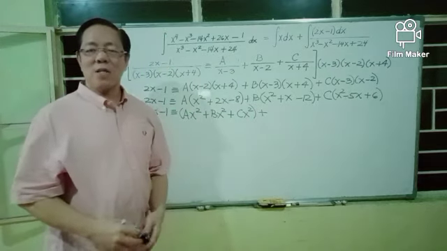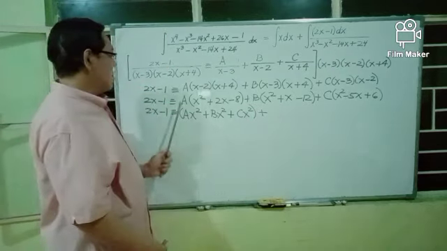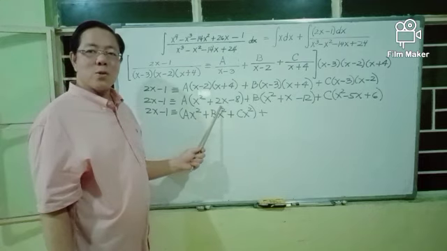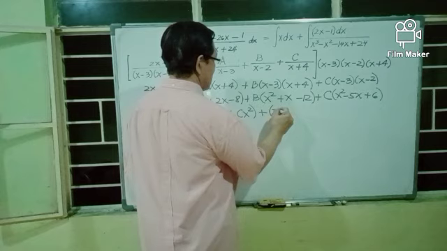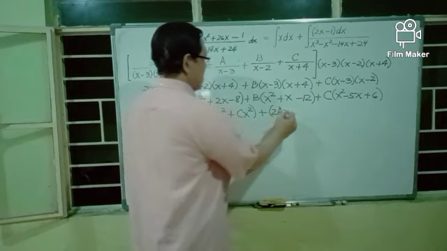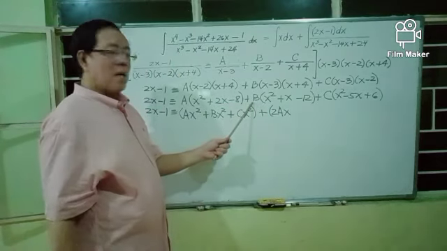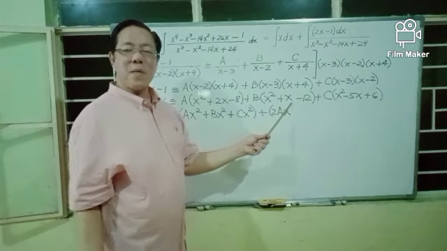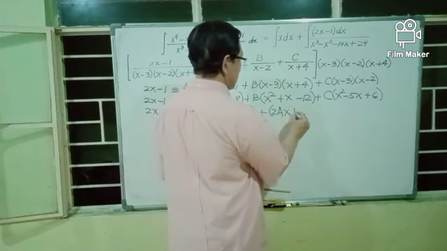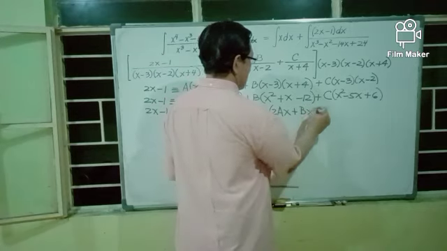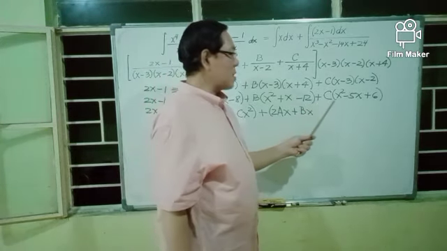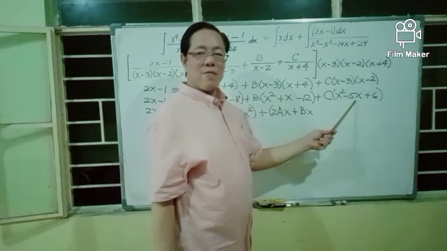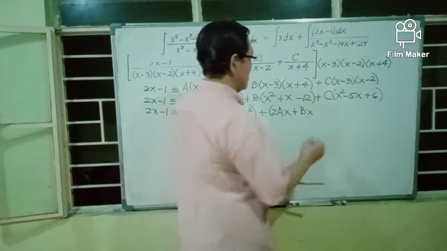Now we collect all the terms with x. A times 2x is 2ax. Plus b times x is bx. And c, positive c times negative 5x is negative 5cx.